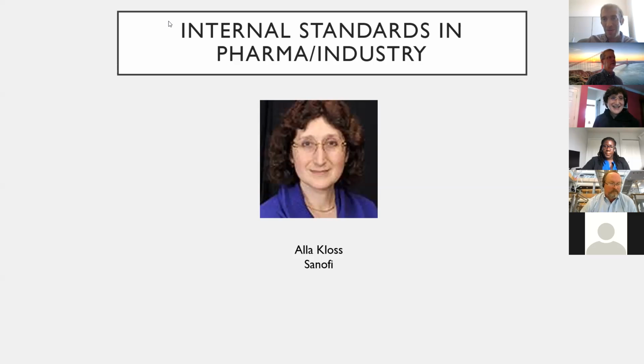And this is because we really had to expand the type of human materials that we need to profile. The reason I'm mentioning this is that, as you can imagine, when you switch the material, you need to do a lot of optimization. So standards are very important for that purpose.